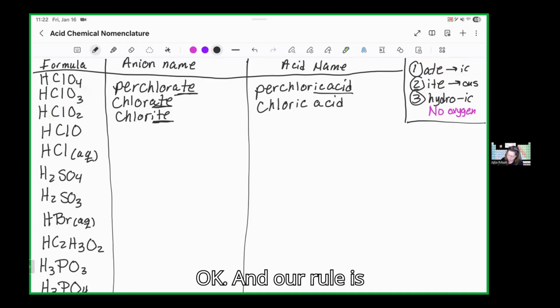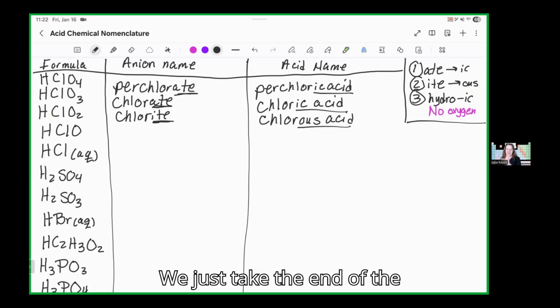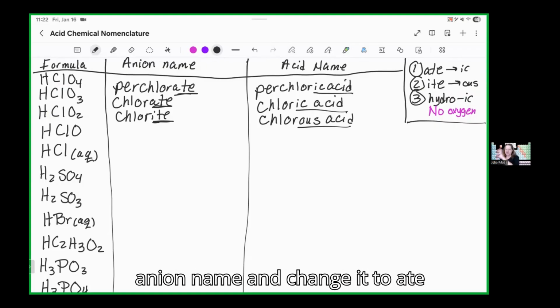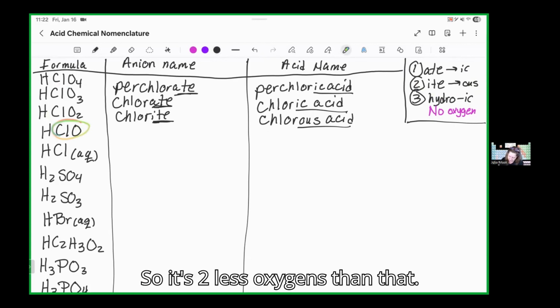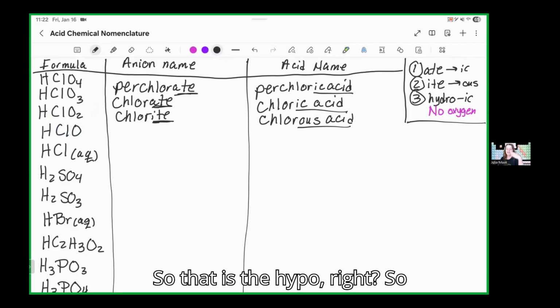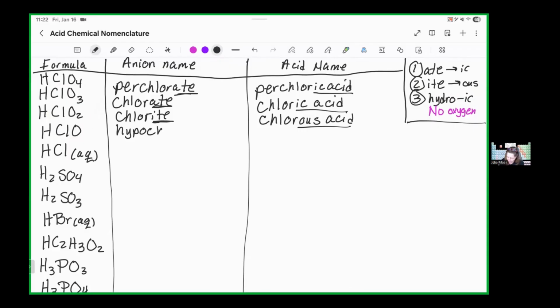And our rule is ite becomes ous, so that is chlorous acid. We just take the end of the anion name and change it: ate goes to ic, ite goes to ous. Now we've got one oxygen, so it's two less oxygens than chlorate. That is the hypo. One less oxygen is an ite, two less oxygens is the hypo-ite. So that is hypochlorite.